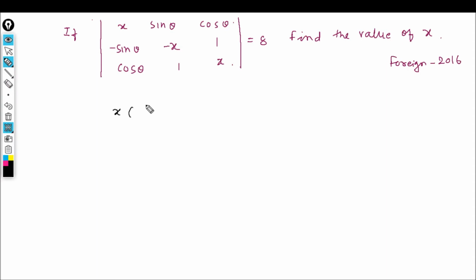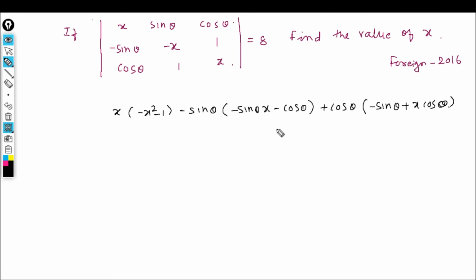So it is x into, minus x square minus 1 minus sin theta into, deleting first row and second column, minus sin theta x minus cos theta plus cos theta into, deleting first row and third column, minus sin theta plus x cos theta. This is equal to 8 है बच्चों.